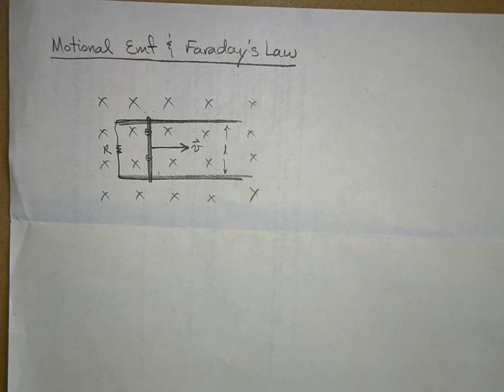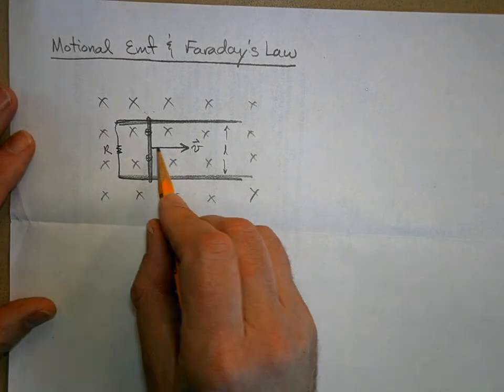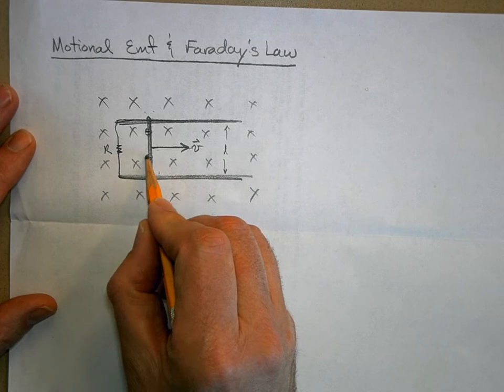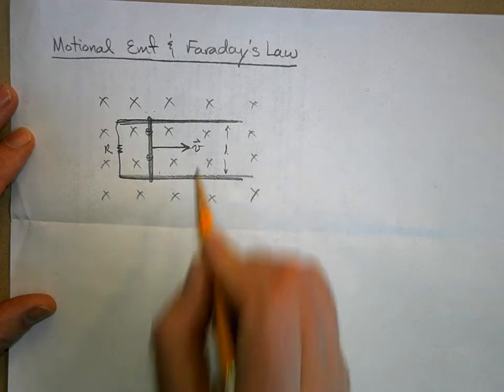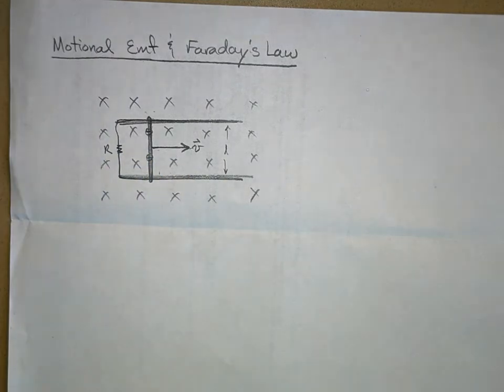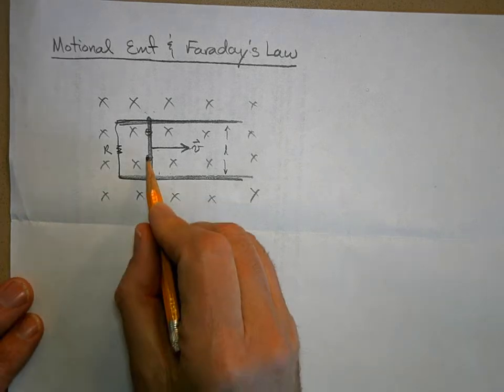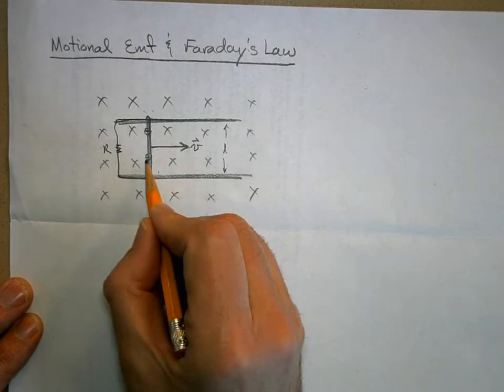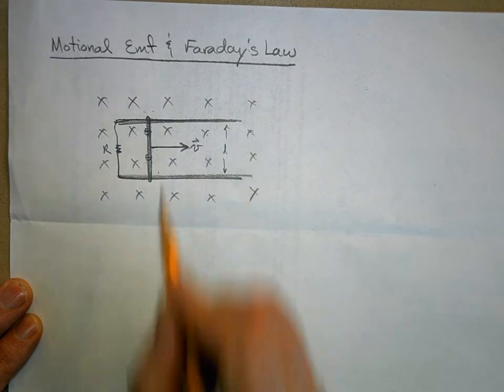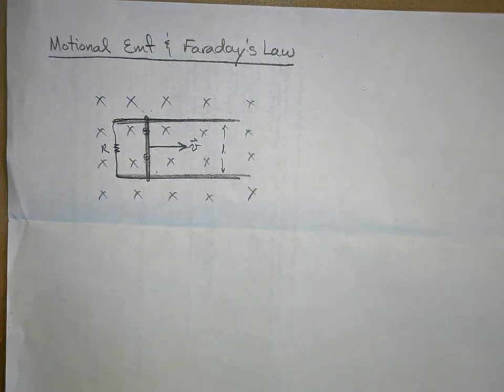Well, look at what I've got here. I've got a charged particle that's moving in a magnetic field. Well, what does that charged particle feel? If you're moving in a magnetic field, it feels a force. So the charged particles in here that are moving, they're going to get pushed on, and we're going to create a current.